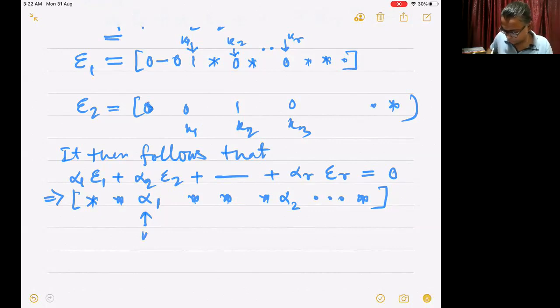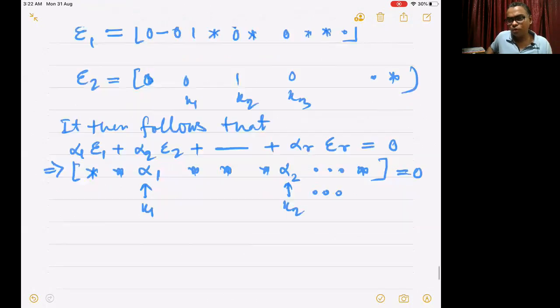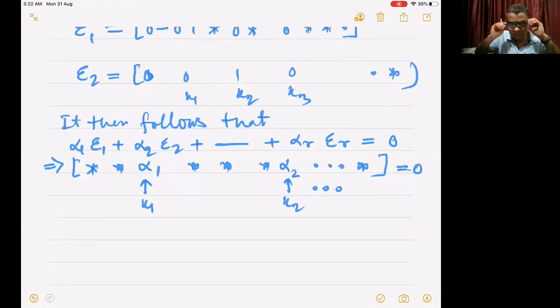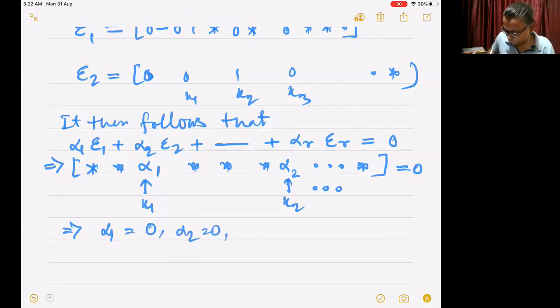And this is equal to 0. But if this vector is equal to 0, then every entry must be 0. The zero vector in F^(1 cross n) is the all-zero vector. Every entry is 0. So therefore, this implies alpha 1 must be 0, alpha 2 must be 0, and so on up to alpha r must be 0. But that means it's the trivial linear combination.